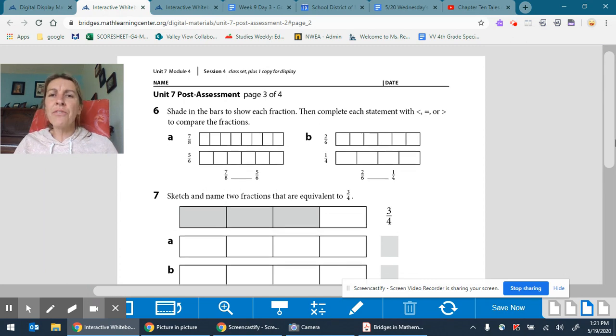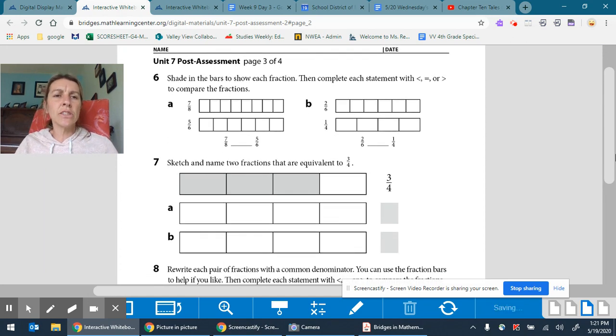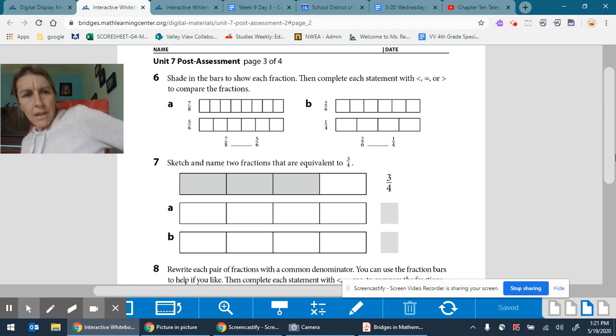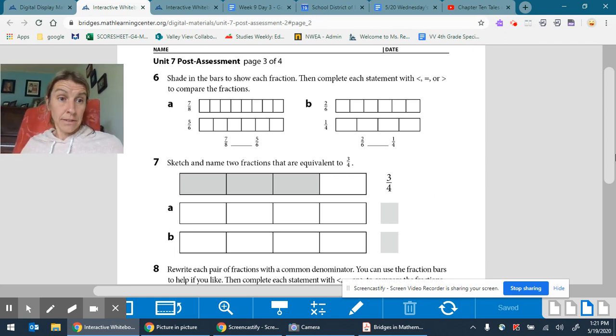Okay, let's go up. Oh, we're looking at fractions. Fraction action time. Okay, number 6. Shade in the bars to show each fraction and then complete each statement with greater than, equal to, or less than to compare the fractions. So 6A, you're going to have to draw it out, but you can pause. You can take your time.